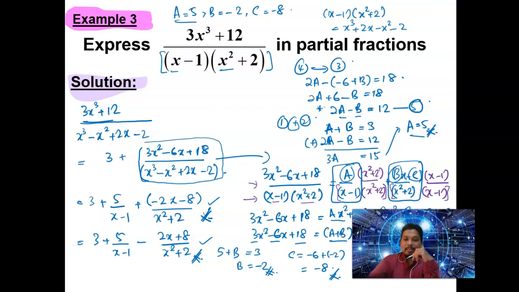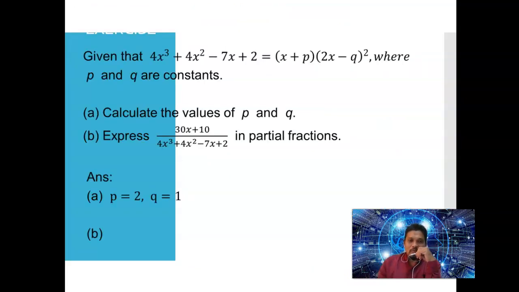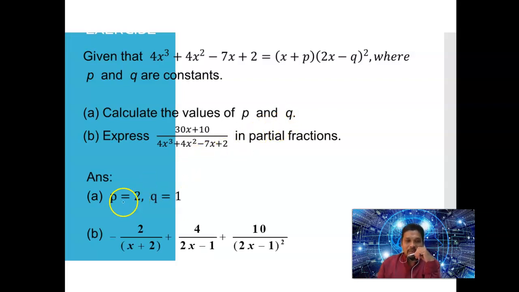So class, I do hope these 3 examples really helped you to understand, and you may test this exercise by yourself. Make sure that you get p equal to 2, q equal to 1, and this partial fraction as your final answer.